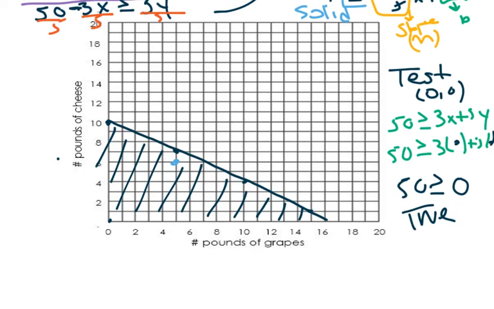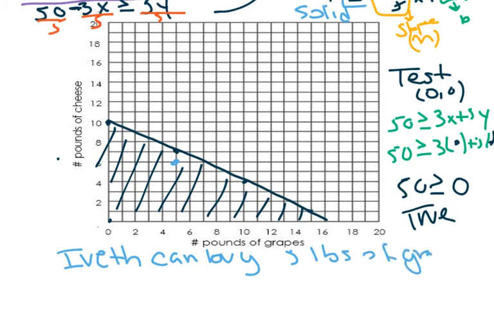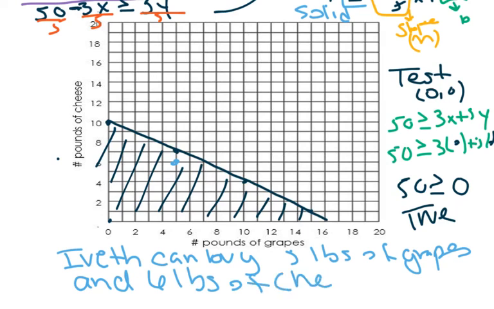So I could say Yvette can buy 5 pounds of grapes and 6 pounds of cheese. Okay?